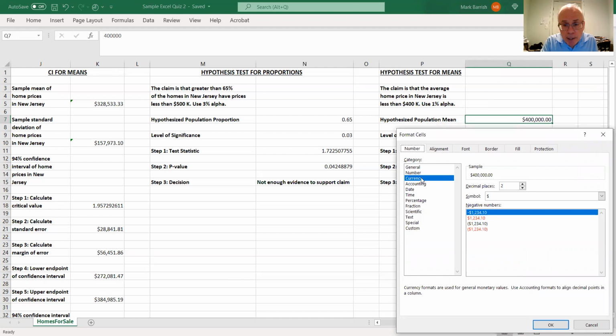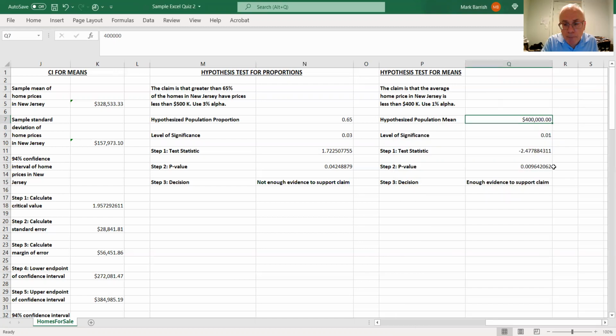If you click it and go with 2 decimal places, you end up with the dollar sign. So I just made it look pretty. Level of significance, I put 0.01 here because it says use 1% alpha. Okay, I'll type that in.